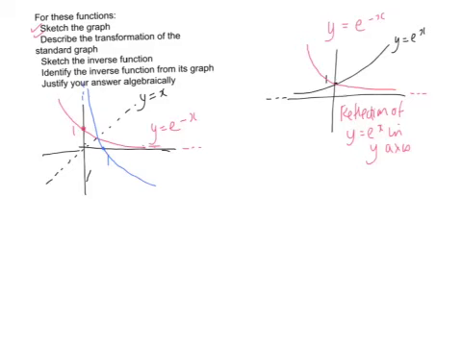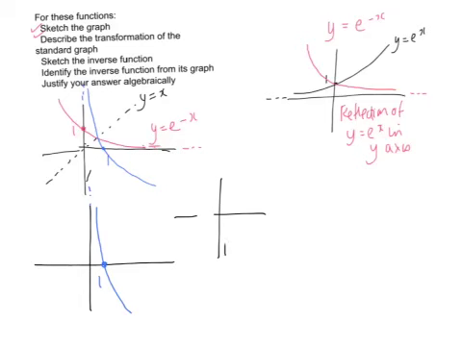Now we want to find out what function that's the graph of. If I just draw the blue graph on its own, intercept there, asymptote there, clearly it is a transformation of the graph of y equals ln x, as we would expect, and this time it's a reflection in the x-axis.